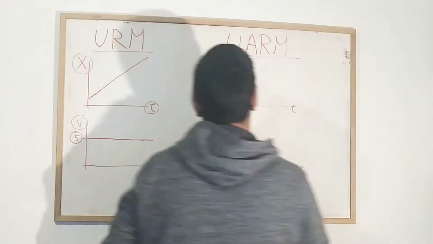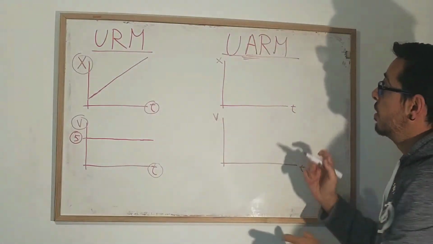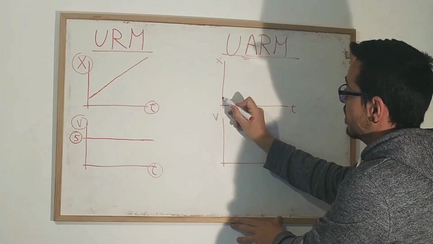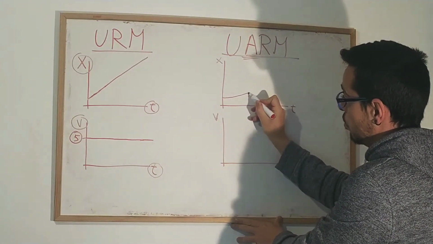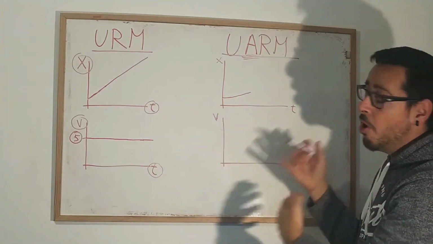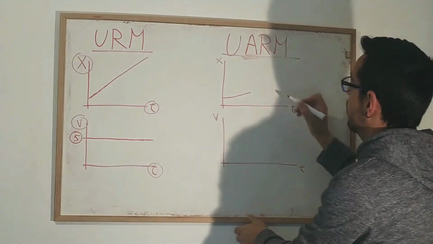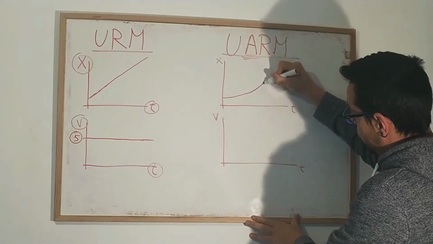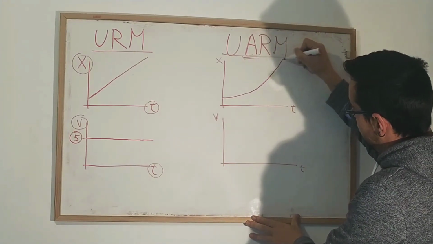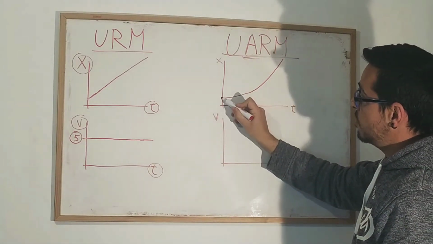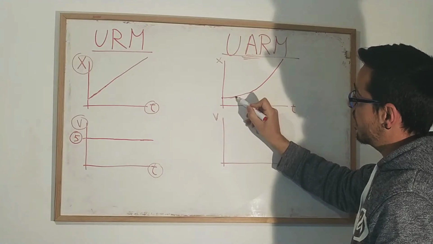When the movement is accelerated, position is going to increase as the time goes by, but it's going to increase faster and faster. So it's going to be something like this. As the time goes by, the object is going to accelerate.